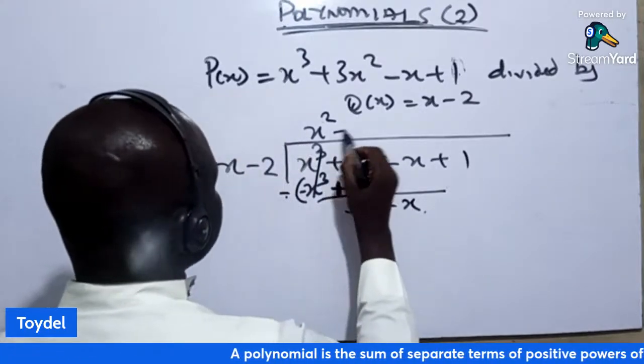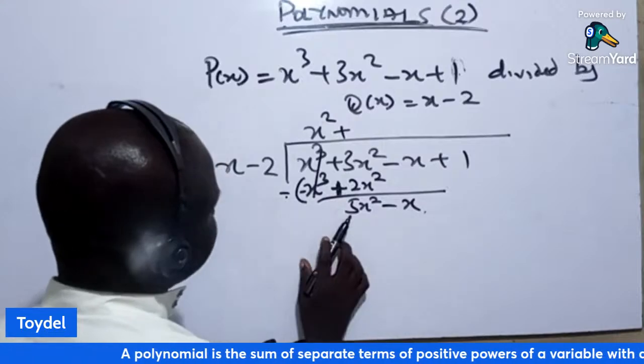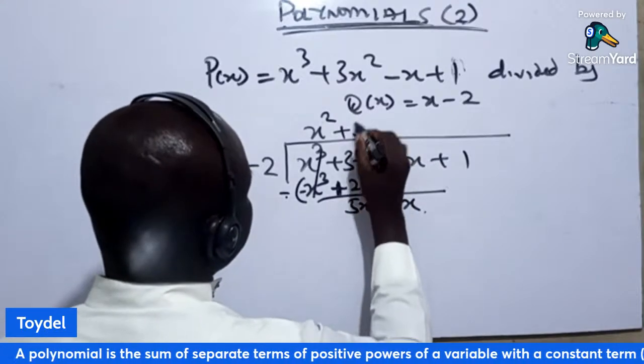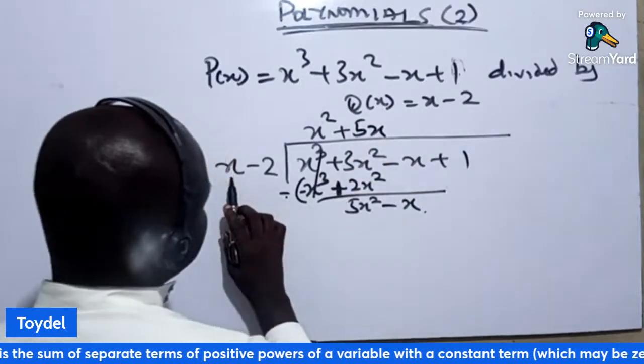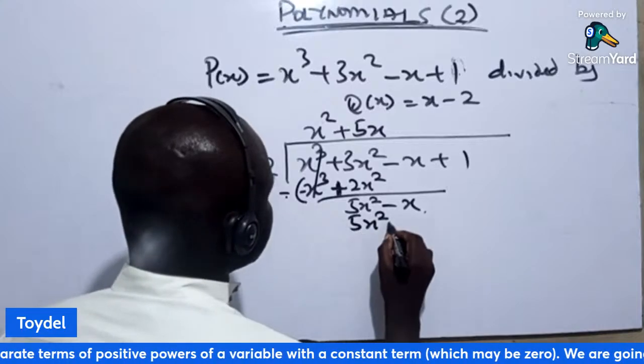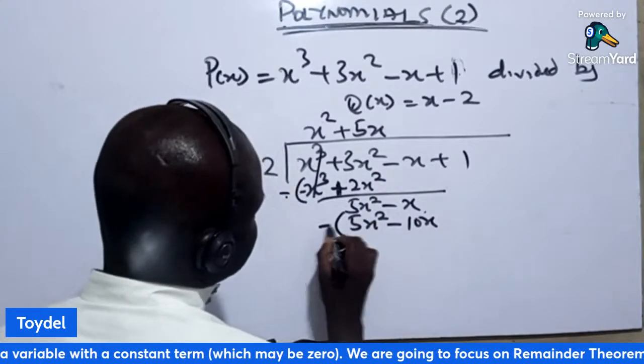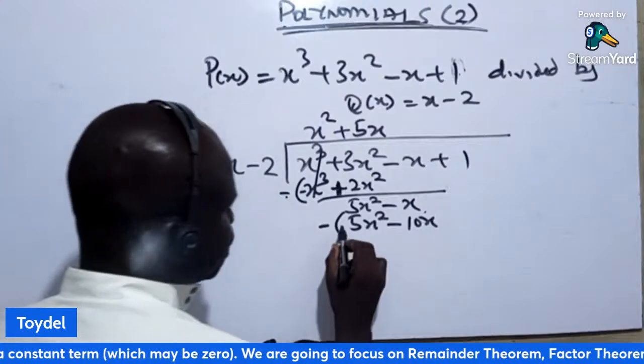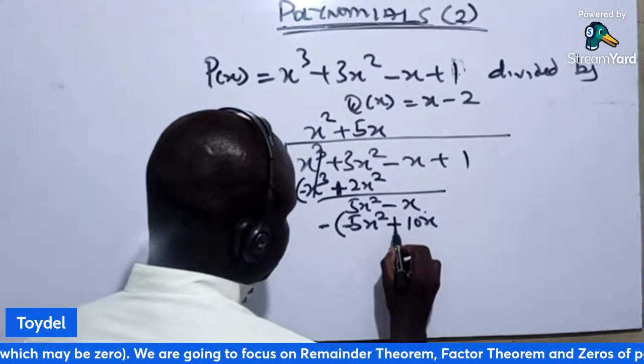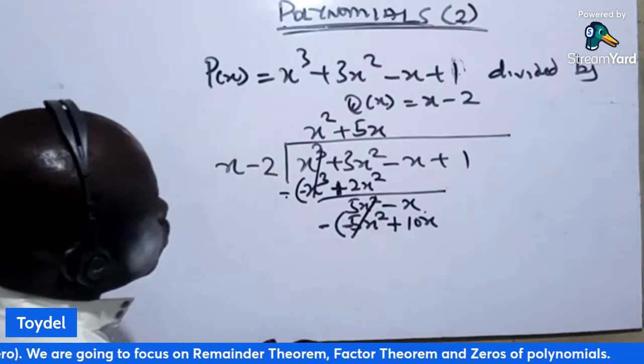So we also look at what we can use to multiply x that will give us 5x squared. That will be 5x. 5x times x, that will be 5x squared, minus 10x. Of course, we introduce the natural negative. So minus times minus will be plus. This will cancel out.